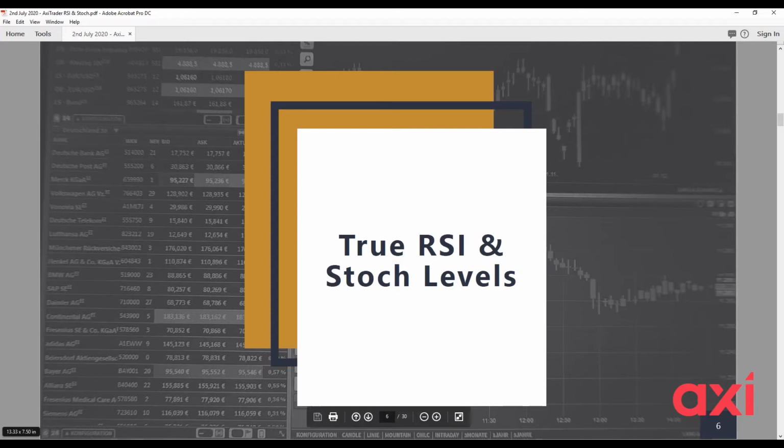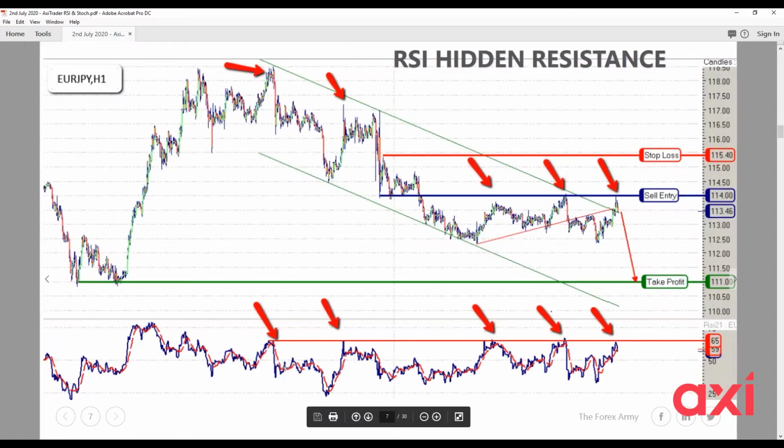Now, let's go to RSI hidden resistance. I'm just going to show you a before and after chart. Let me explain how it works out. I know it might look a little bit overwhelming, but that is what I am here for. Let me pick my favorite color, which is supposed to be green, but in this case is red.